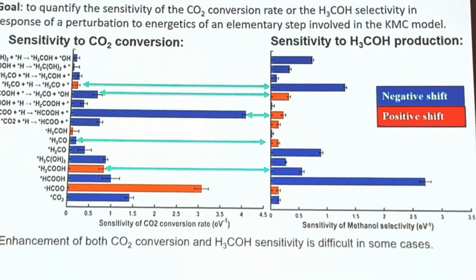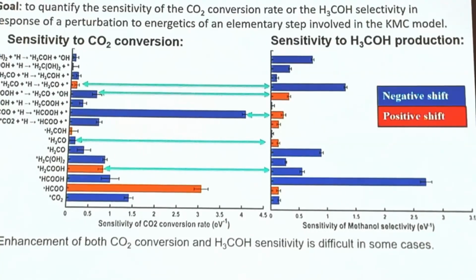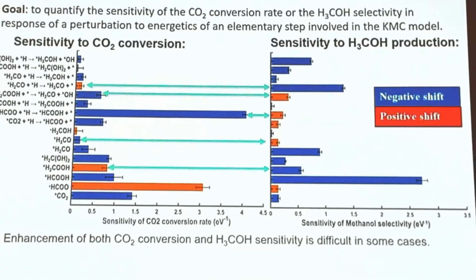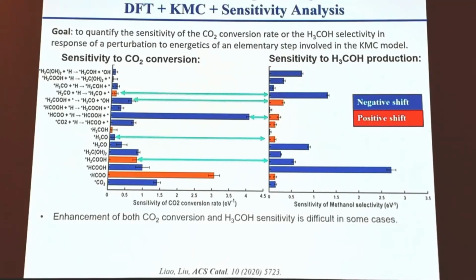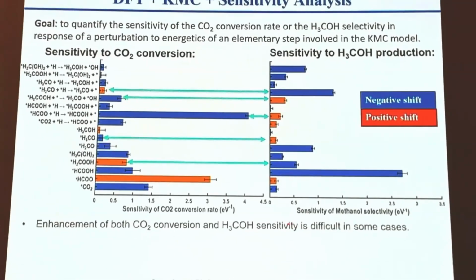And now we ask ourselves, if CO binding is not important, what is important? Then we have to go back to sensitivity analysis and really look through the kinetic model and see which is more sensitive to the CO2 conversion rate and also the methanol production rate.